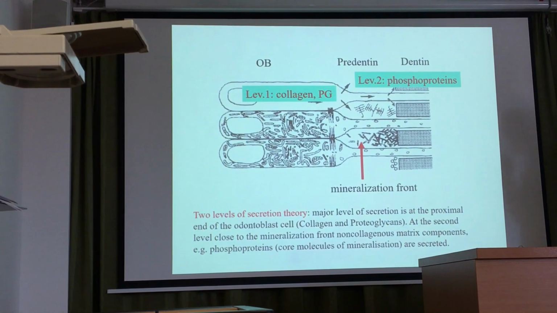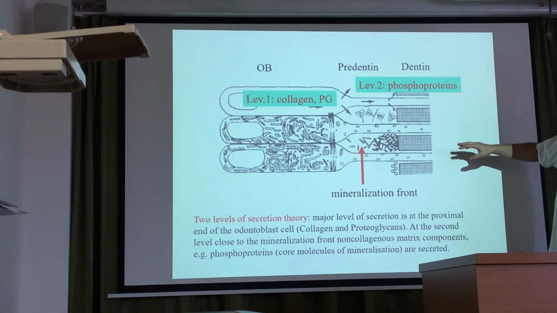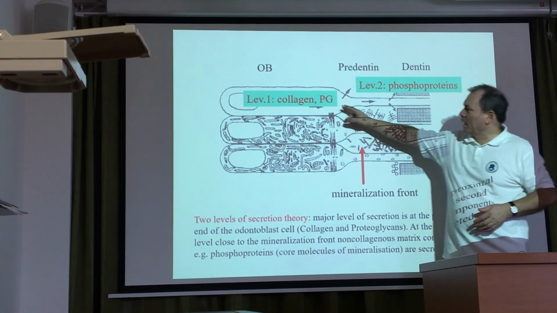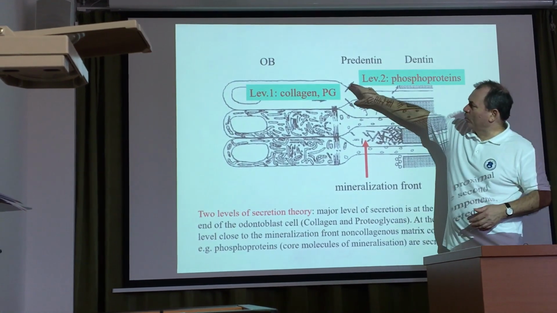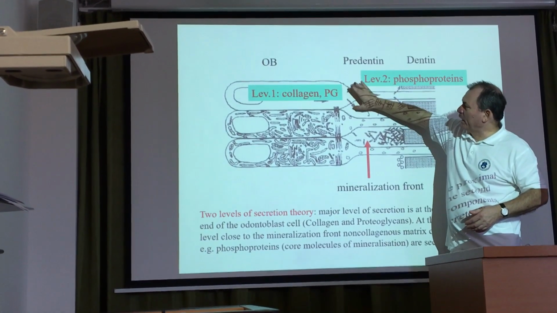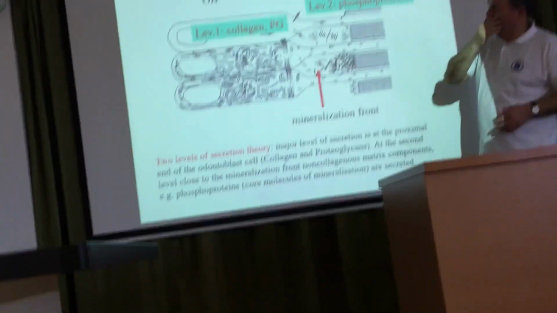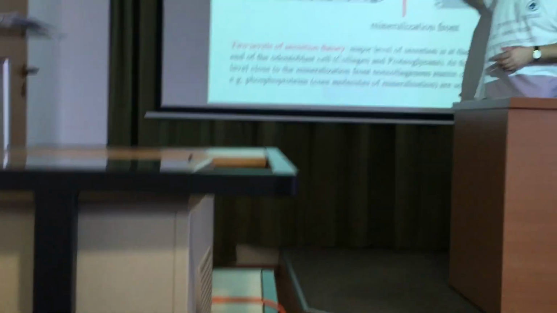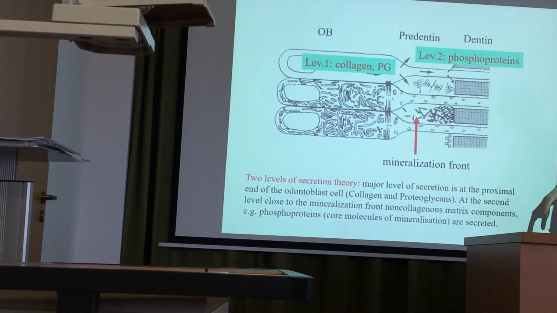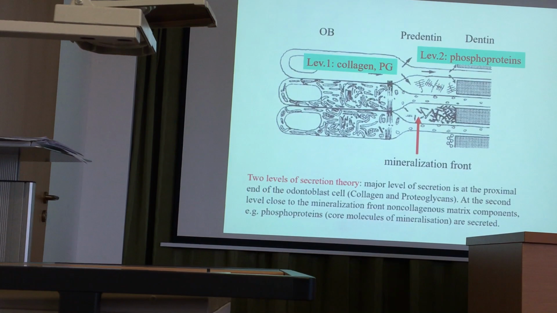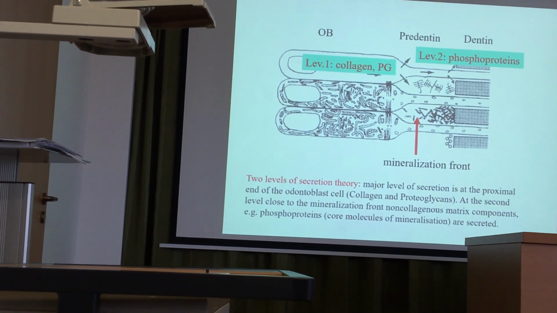And there are two secretion levels. First, the collagen and proteoglycans are secreted near the body of the odontoblastic cells, but near the mineralization front, the phosphoproteins are produced which are necessary for the mineralization.